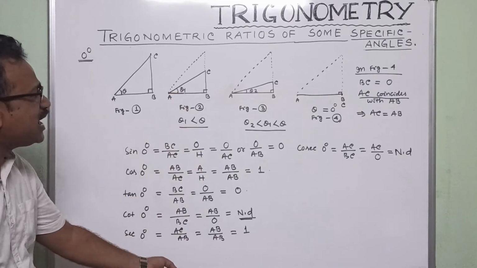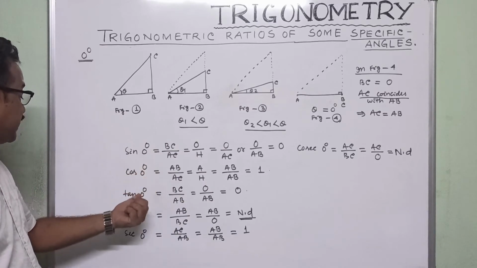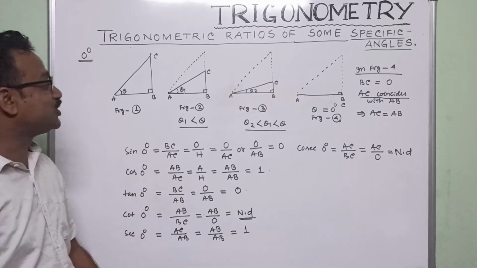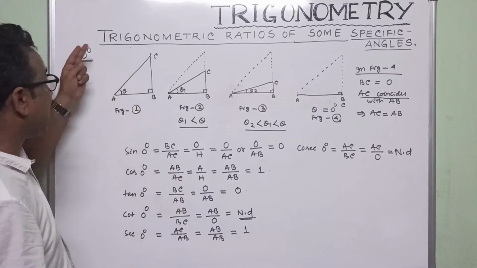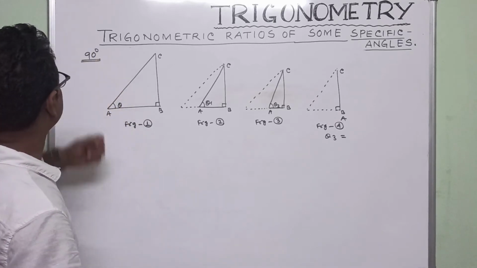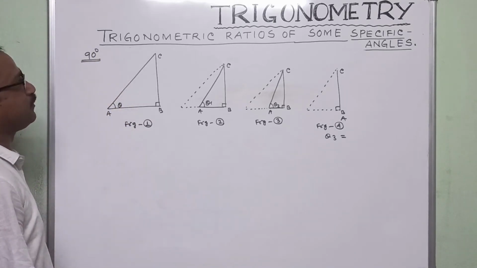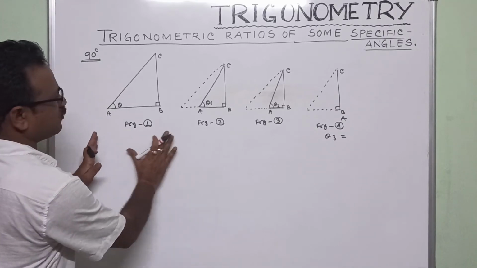So this way we are remembering the value of sine 0 degree, cos 0, tan 0, cot 0, sec 0 and cosec 0. Now we'll discuss the 90 degree. We'll find the trigonometric ratios of the specific angle 90 degree. I have drawn 4 figures.